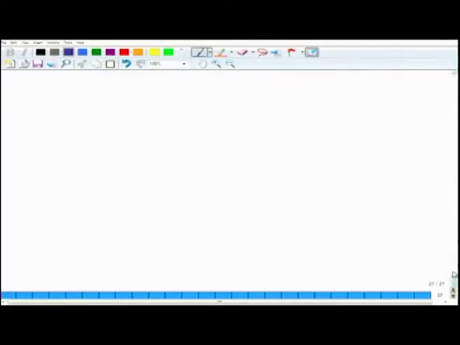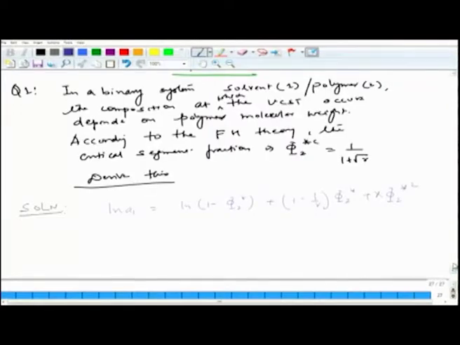Let me now use this expression, and then what is the condition for the incipient instability. This is going to be the derivative of ln a1 with respect to phi 1 at constant T and P equal to 0, and the second derivative.